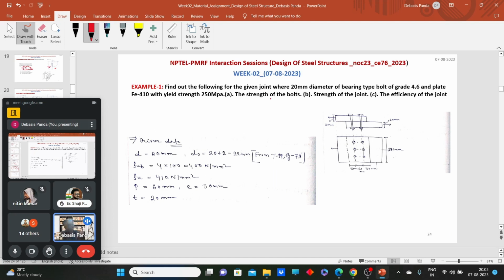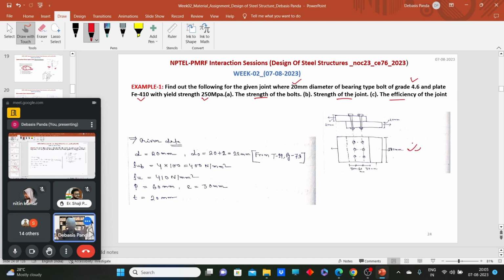Okay, so the first problem, let us solve it quickly. It says, find out the strength of the bolt, strength of the joint, and efficiency of the joint for this particular joint. What is given here? The diameter of bolt is given, the grade of bolt is given, the plate strength and yield strength of the plate are given, and the connection is shown here.